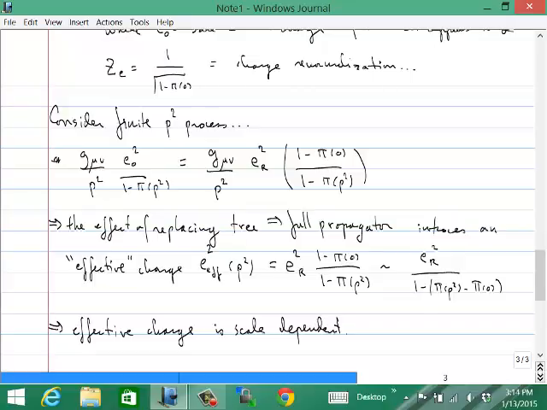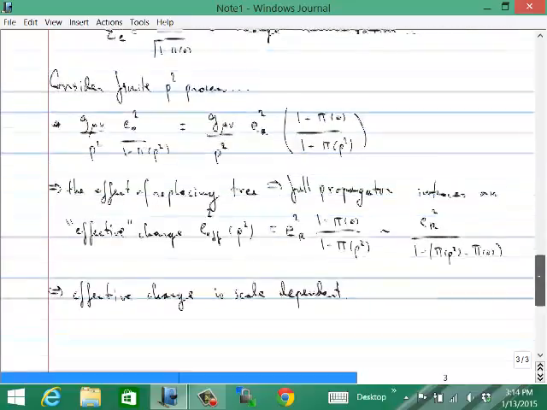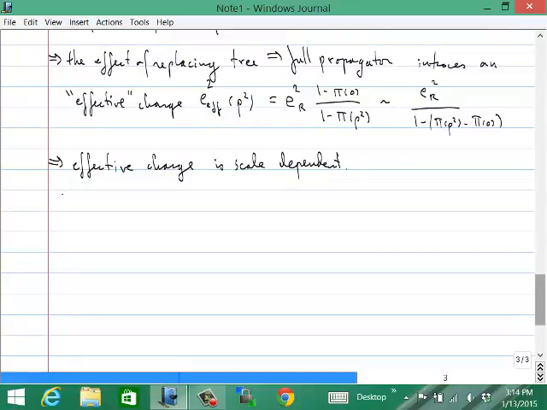Okay. So enough motivation. I think I've convinced you that this vacuum polarization Π is an important quantity. So let's go ahead and compute it. And along the way, I'm going to be able to check gauge invariance. Okay.